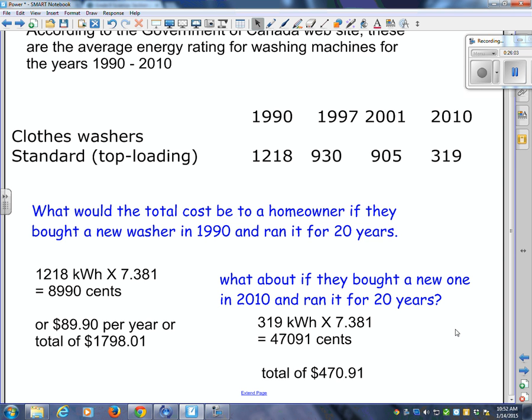If I turned off my electricity at my house for an entire month, I went away for the month and didn't run anything, it would still cost me $7.28. Because Manitoba Hydro has to maintain the poles, they have to maintain the wires, they have to pay people. That's the cost of just getting the power to your home. You still have to pay for how much power you use. So that's just the basic charge. And then, of course, there's the tax on top. So I spent $161.09 on electricity.